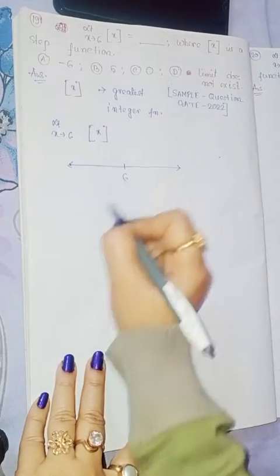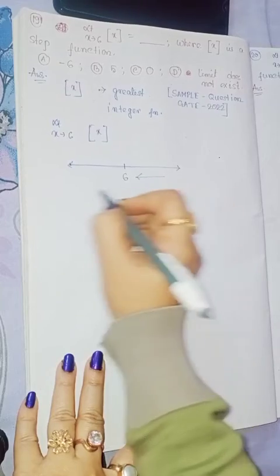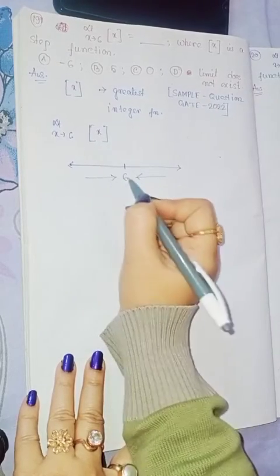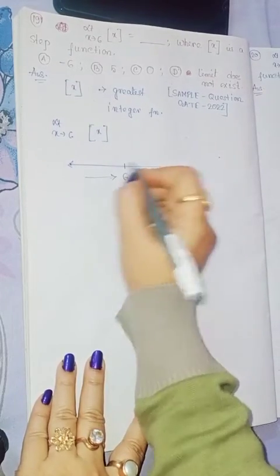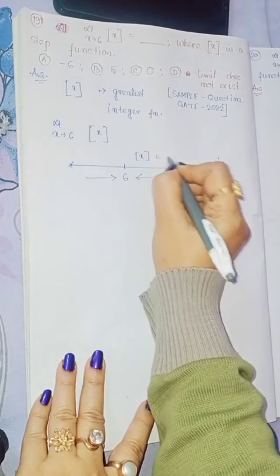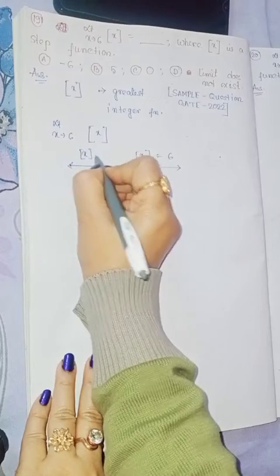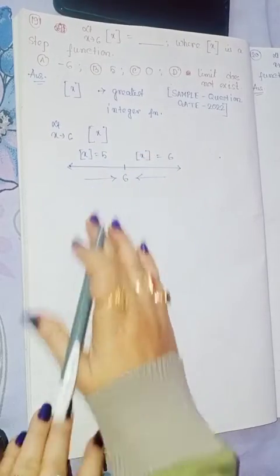So here is 6, and x is tending to 6. Now floor of x is equal to 6 at 6, and floor of x is equal to 5 just before it.